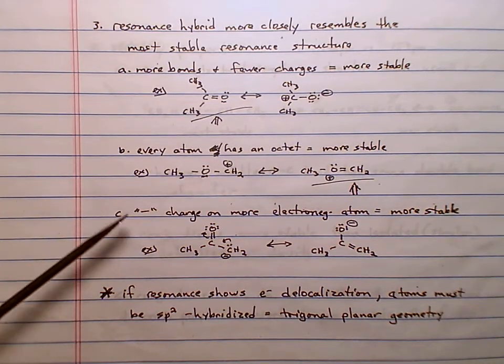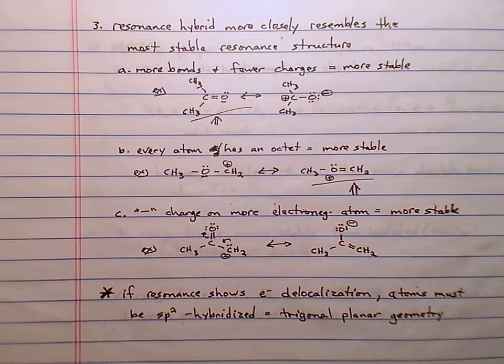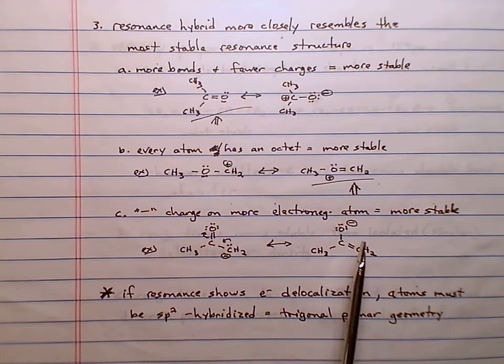Normally, though, we do want the negative charge on the more electronegative atom. Therefore, if we look at these two resonance forms, would we rather have a carbanion or this oxide, the oxygen with the negative charge? This is the more stable resonance form here. It's more stable to have the oxygen have the negative charge compared to a carbon.